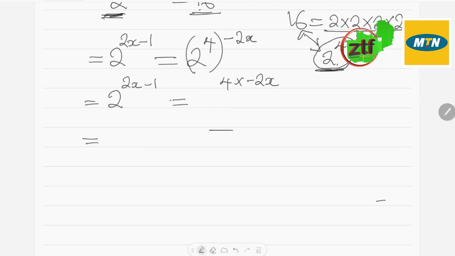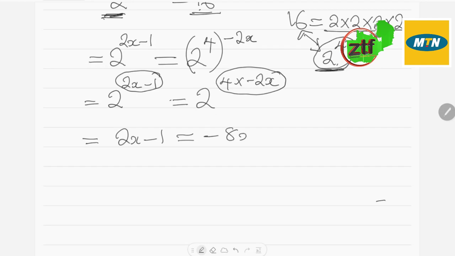We have 2 here. So we shall say 2x minus 1, this is the power on the left-hand side. And we multiply 4 times negative 2x, we are going to have negative 8x.